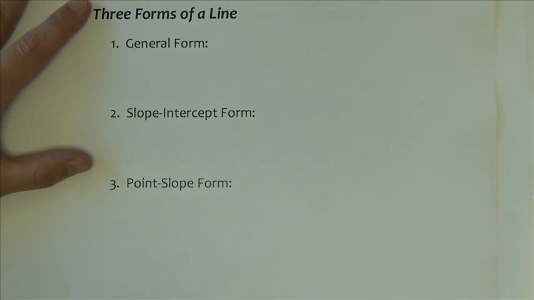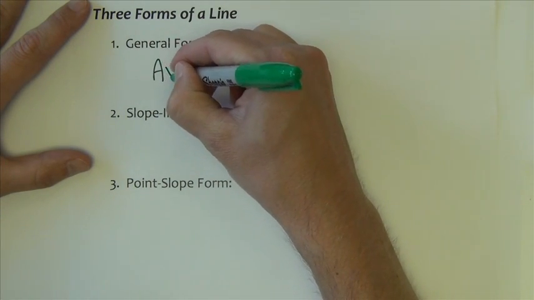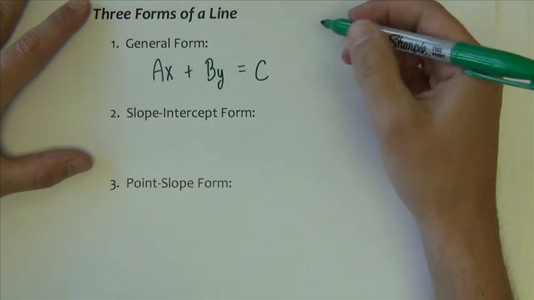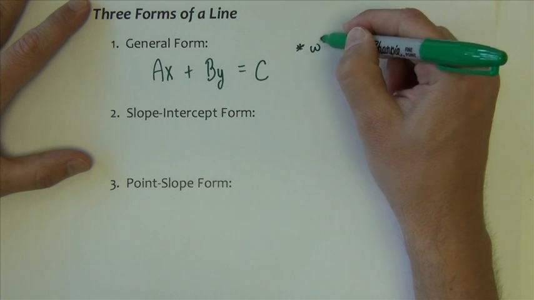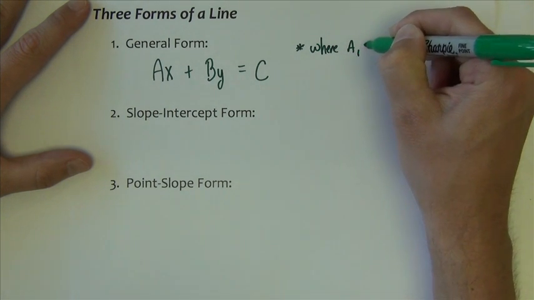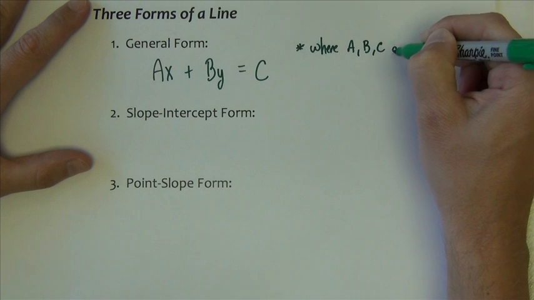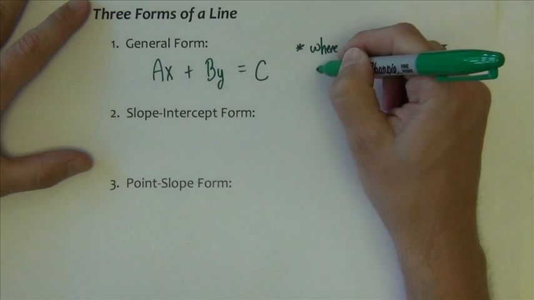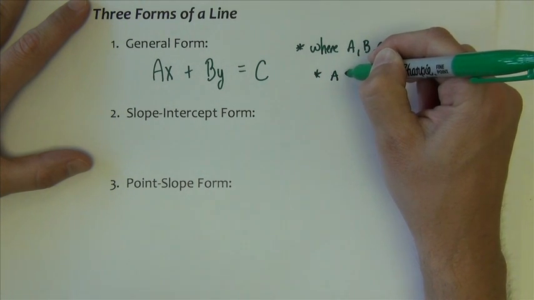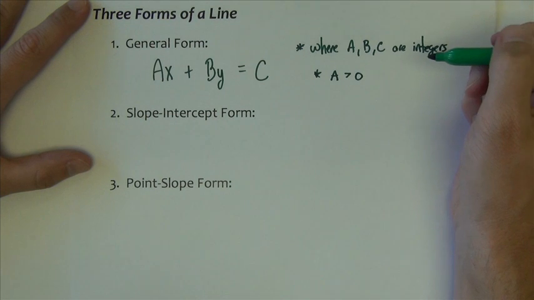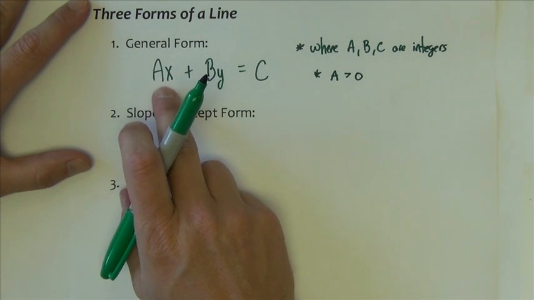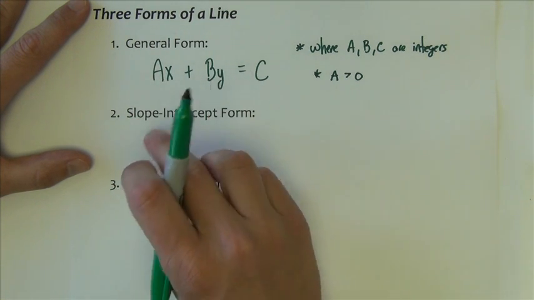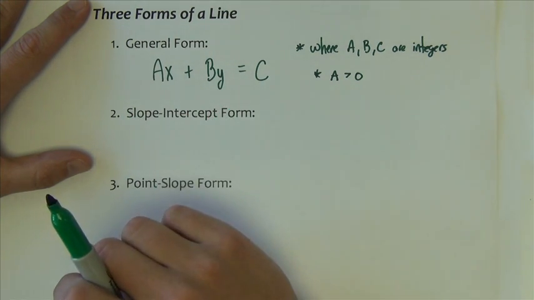General form looks like this: ax plus by equals c, where a, b, and c are integers and a is greater than 0. So we generally like to lead positive, and we like all these numbers to be integers, so non-fractional, non-decimal values.